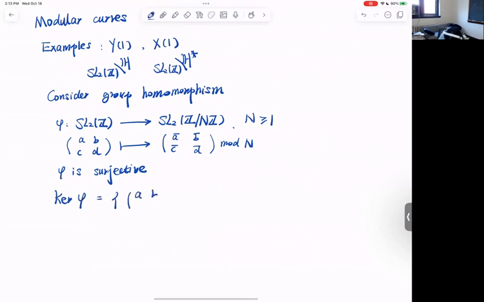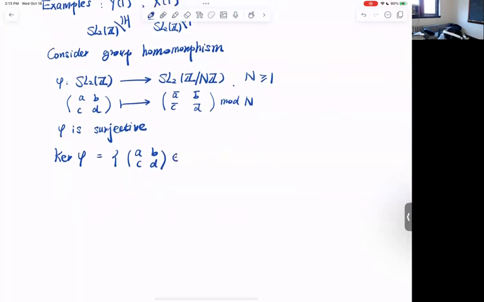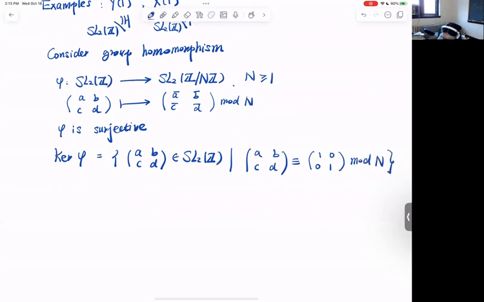These are matrices (a b; c d) inside SL2(Z) such that if I reduce mod n, (a b; c d) goes to the identity (1 0; 0 1) mod n. This is a subgroup often denoted by Gamma(n), and this is called the principal congruence subgroup.